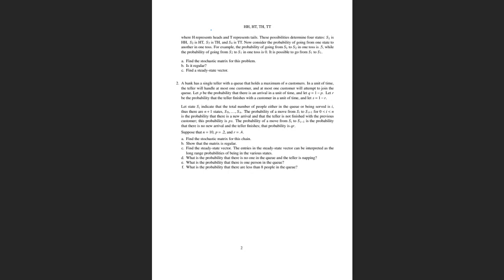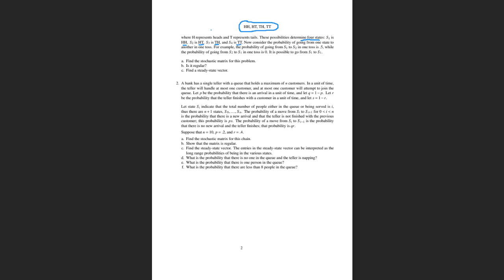Here are the 4 possibilities. H represents a head, T represents a tail on a toss, and these possibilities determine 4 states. S1 is HH, S2 is HT, S3 is TH, and S4 is TT.